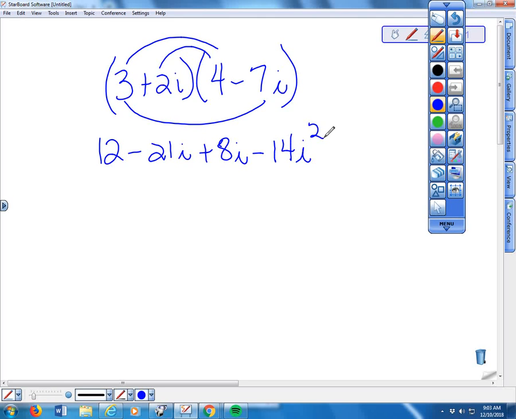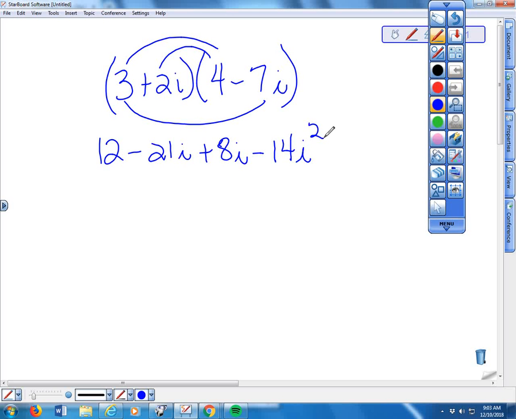Okay, you will never have an answer with an exponent greater than 1 with i. We know what i squared is. What is it? -1. Because i is the square root of -1, and anytime I multiply two numbers with the same radical, it's the radicand, which is just -1.